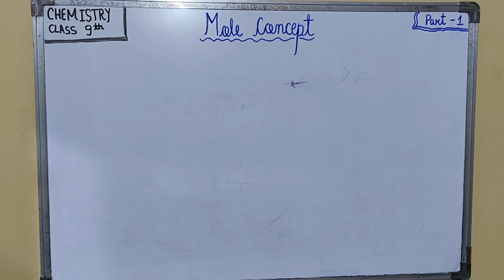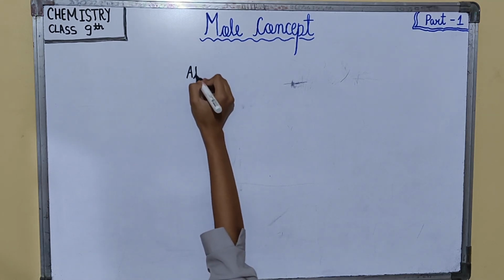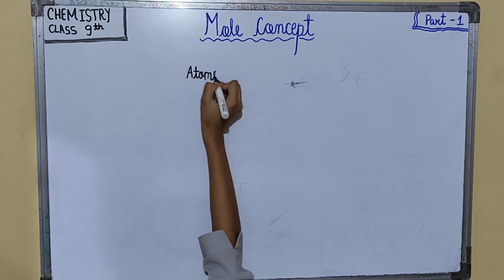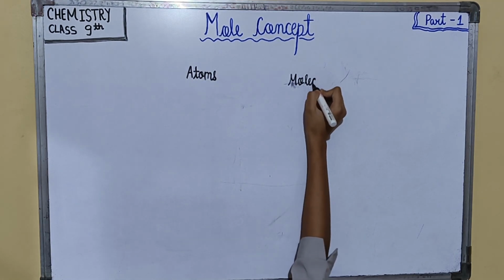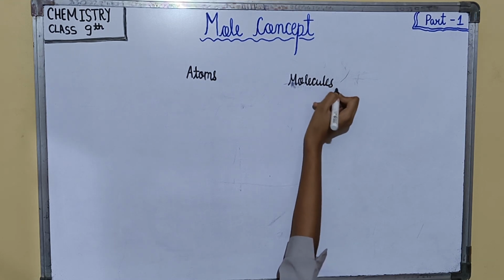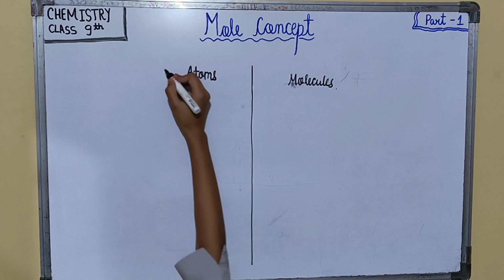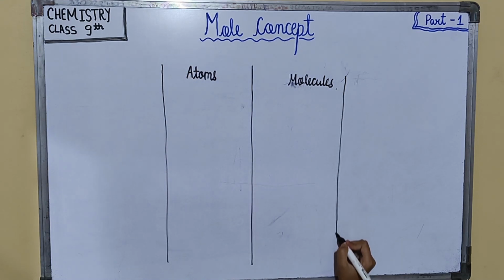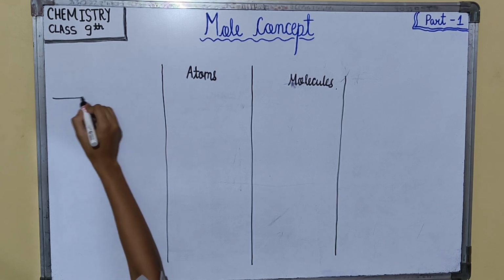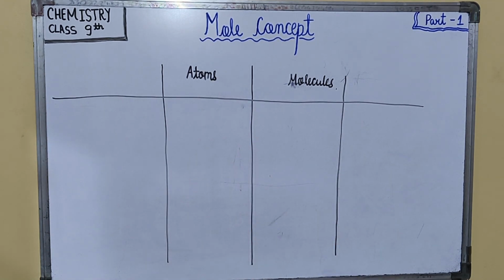So let us see the difference between atoms and molecules. Atoms, over here molecules. Let us make columns like this.